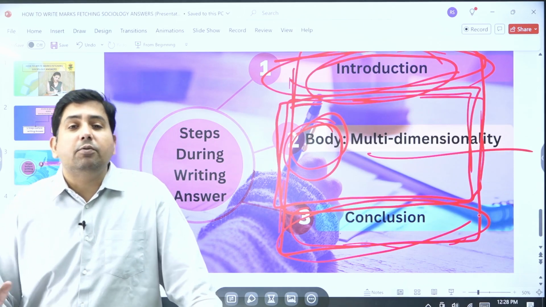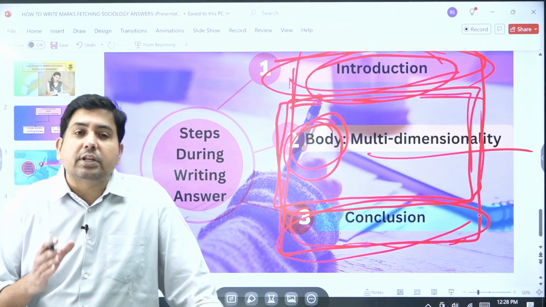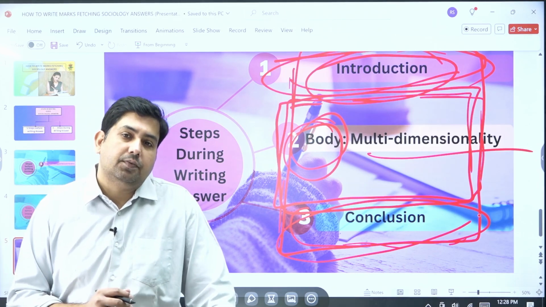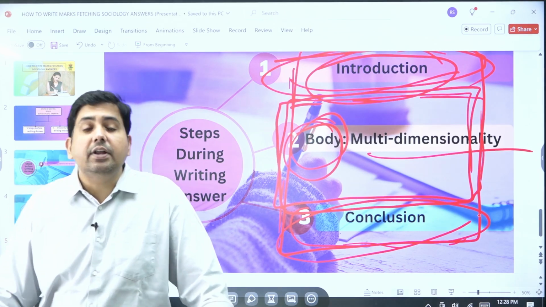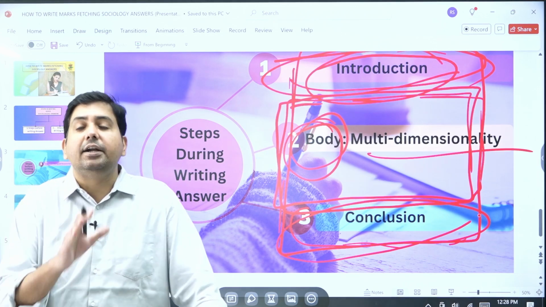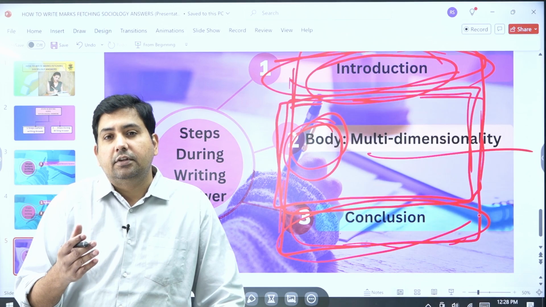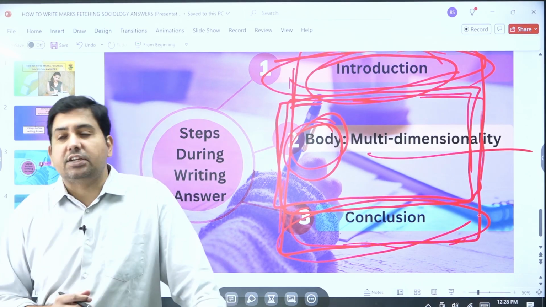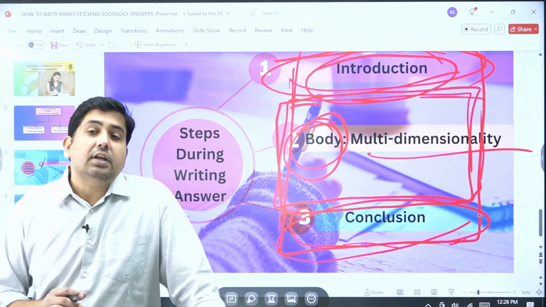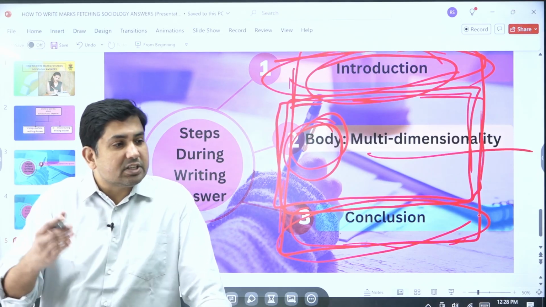Or suppose you are talking about Max Weber, his study of Protestant ethics and the spirit of capitalism, the relationship between religion and economy. So you must mention ideas of calling, the notion of what? Predestination, inner-worldly asceticism. If necessary, you must mention ideal type.